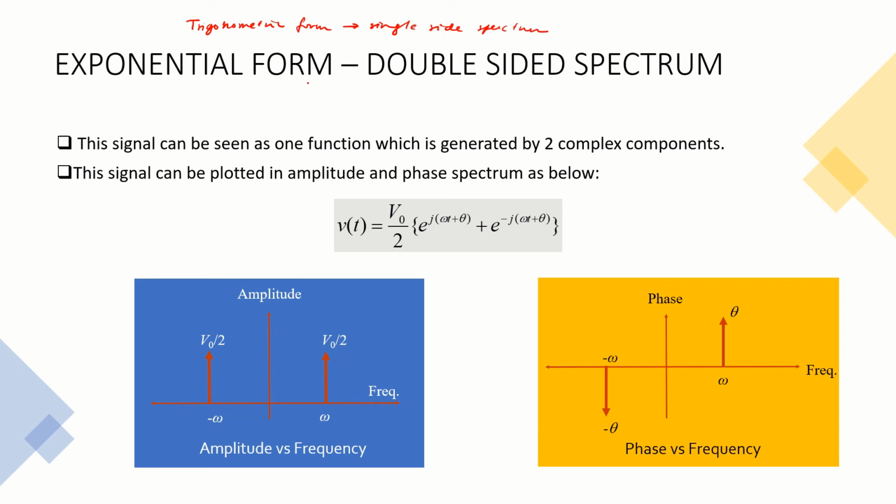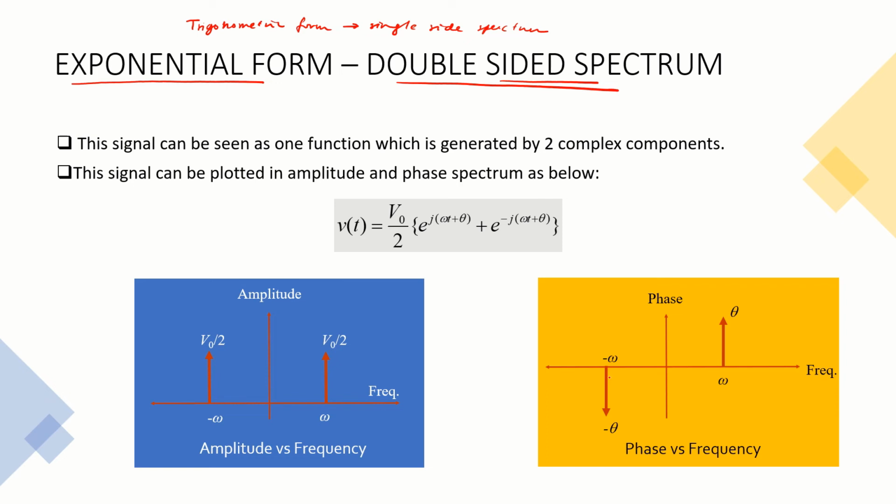However, if you represent it in exponential form, it will be a double-sided spectrum. What I mean by double-sided is you're going to have positive and negative.